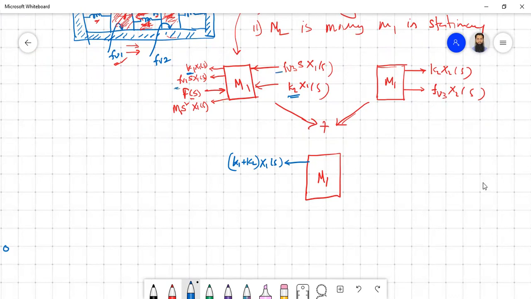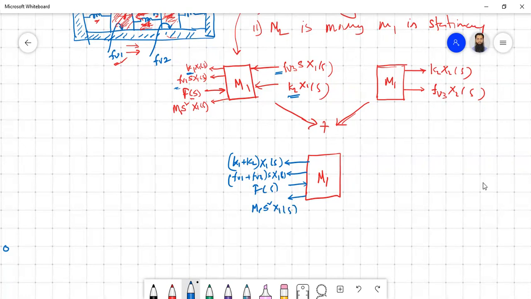So this one and this one will be added together. So this will also have FV1 plus FV3 S X1S. And then the force in that direction, Fs, and you have mass in that direction, M1 S square X1S.